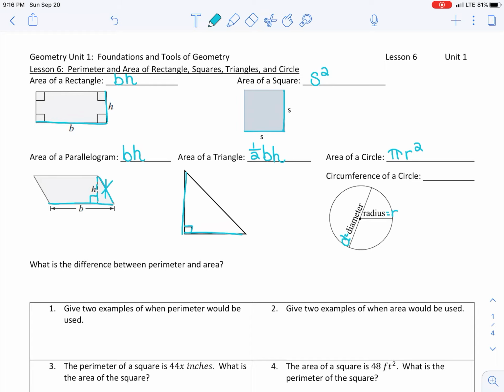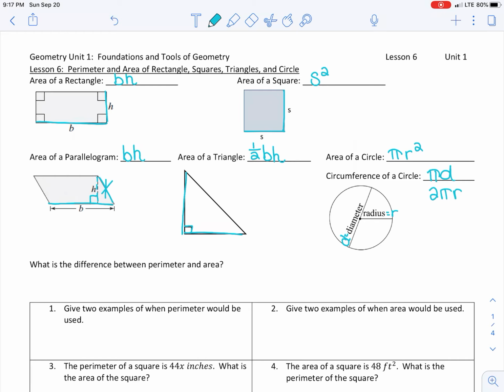The circumference of a circle is pi times diameter. Sometimes you might also see it as 2 pi r. The reason is that if you double r, it's actually the diameter. So 2 times r is really d, which is the same thing. Those are both equal.